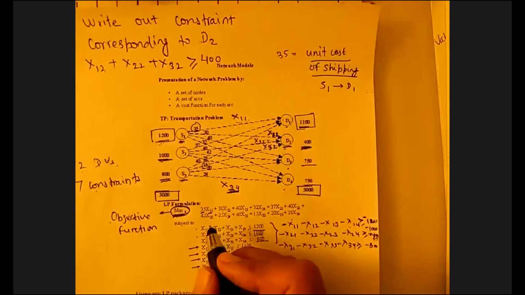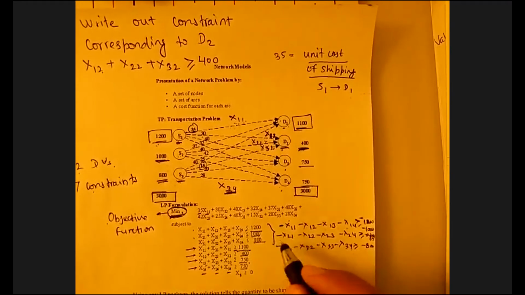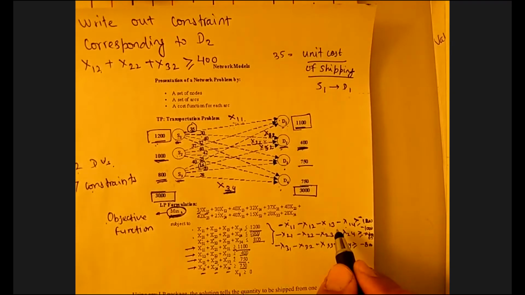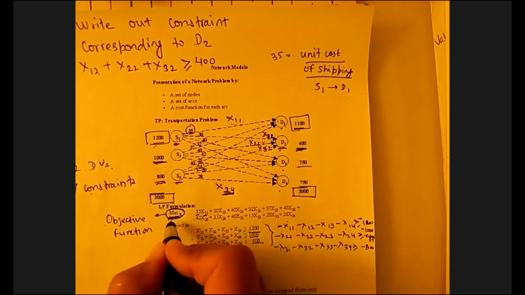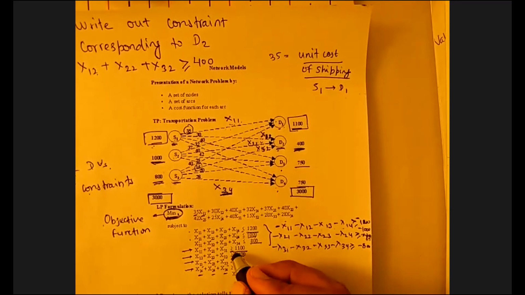So we had the original optimization problem. We wrote down the equations for all the constraints, and then we multiplied the constraint equations by -1 so that we can get that minimization problem in the standard form with all of our constraints being greater than or equal to.